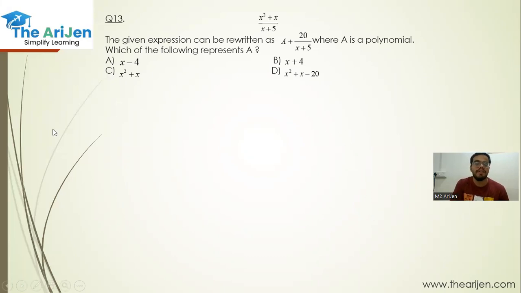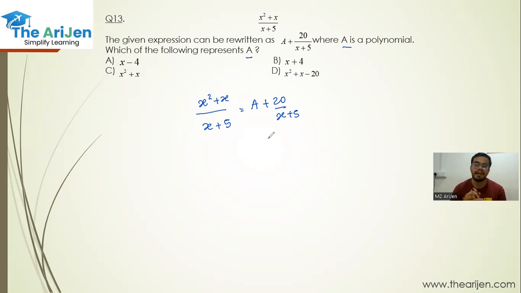Here we have an expression, x square plus x divided by x plus 5. This expression can be rewritten as a plus 20 divided by x plus 5, where a is a polynomial. Which of the following represents a? Okay, so a is not in the fractional form.